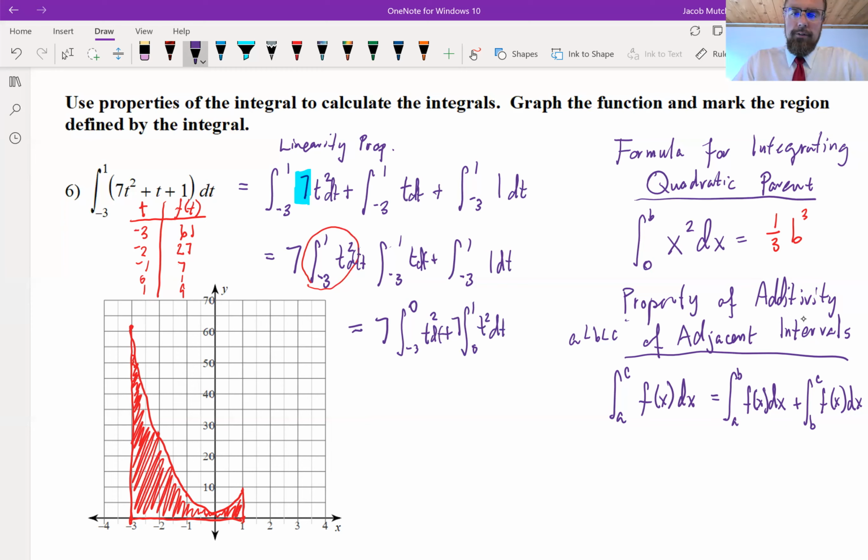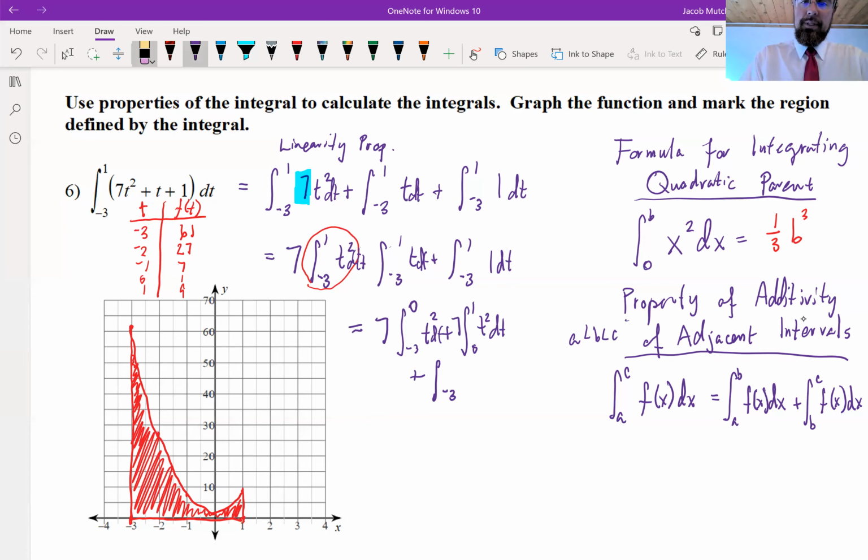Now, there's one other thing that I need to do. Let me get my last two terms. So we'll wrap here, plus the integral from -3 to 1 of t dt, and the integral from -3 to 1 of 1. Now, I do need to actually back up here and do the same for my linear function. So I want to also apply the property of additivity of adjacent intervals here.